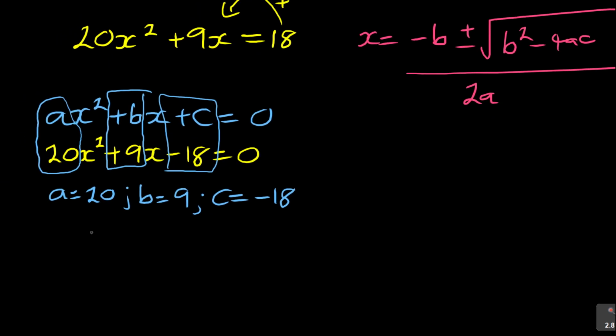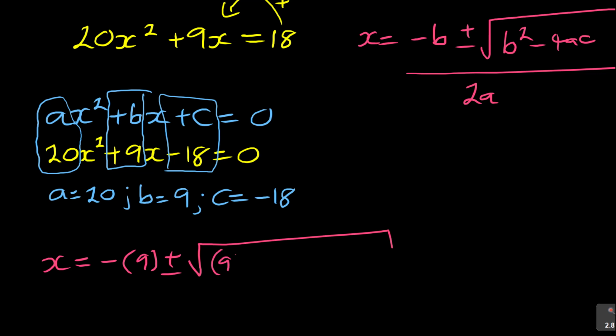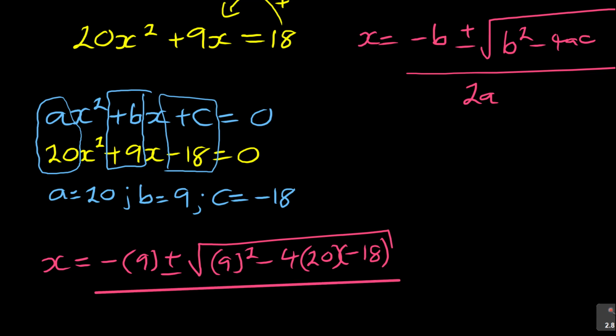Then I can now use the formula to say x is equal to minus b, so it's minus bracket 9, plus or minus the square root of b squared, which is 9 squared, minus 4. My a is 20, my c is negative 18, and then it's all over 2 and my a, which is 20.